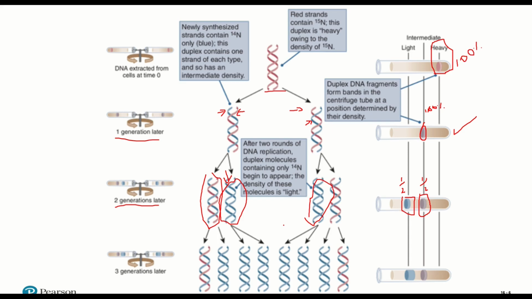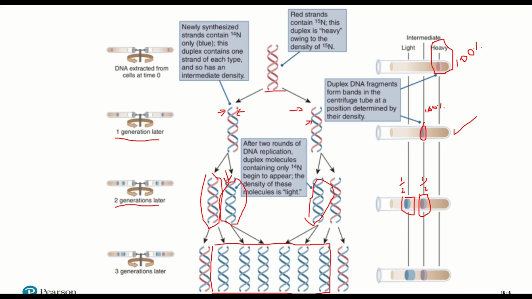And in the third generation, you can tell me what is happening. What will be the proportion? You can stop the video if you want. But look, you have a lot of new DNA molecules with the lighter isotope.